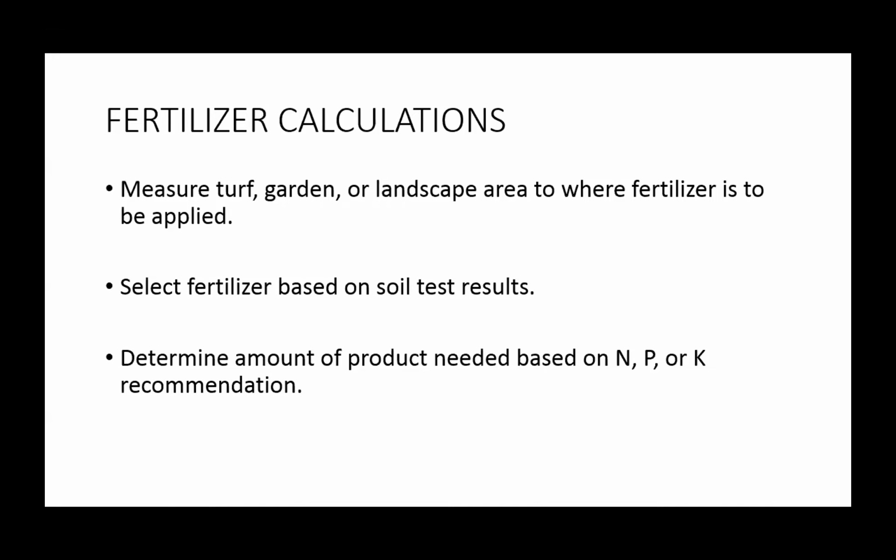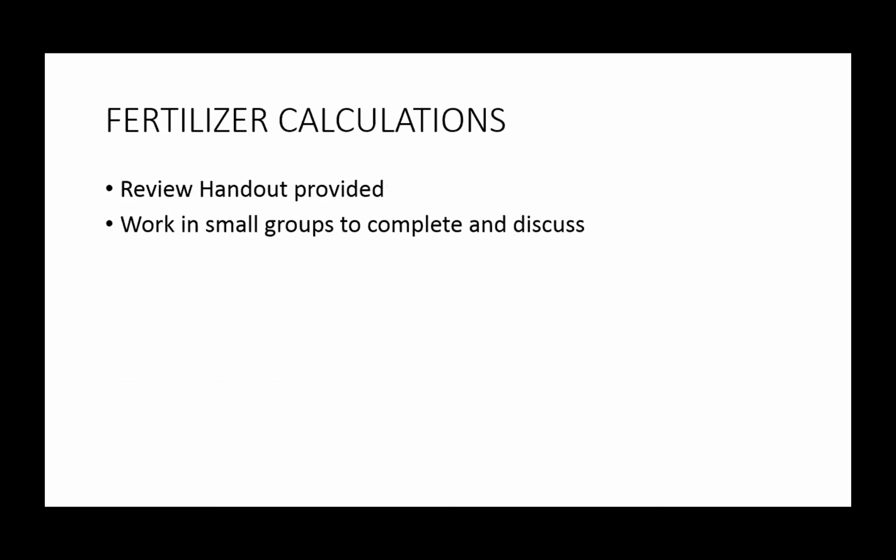So it's great to do your test first so you know what type of fertilizer to buy, complete or single, slow or fast. And then you determine how much you add based on what you actually need so you don't over apply it. I sent a handout for Terry to give to everybody.